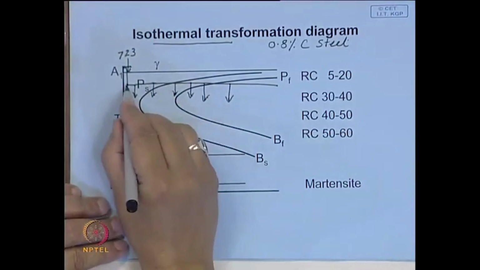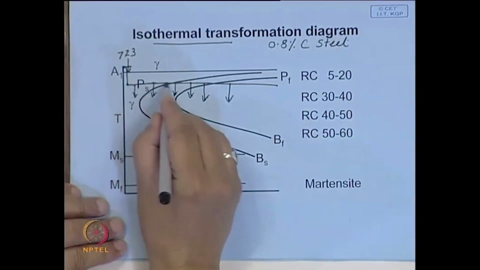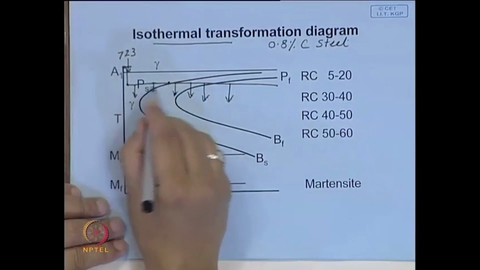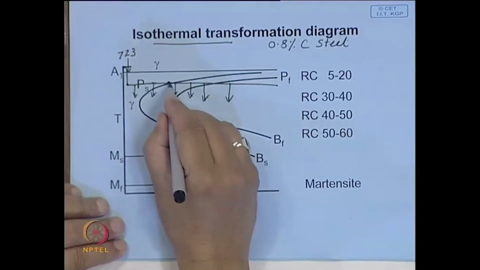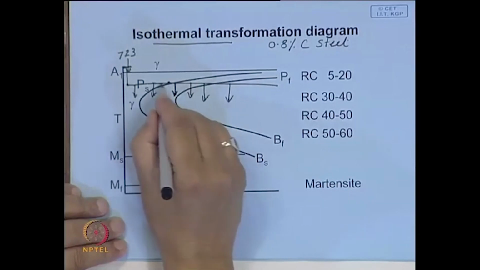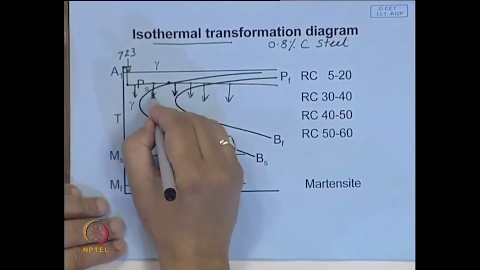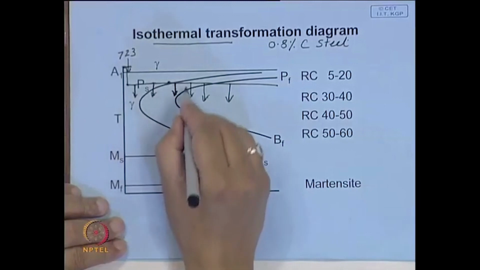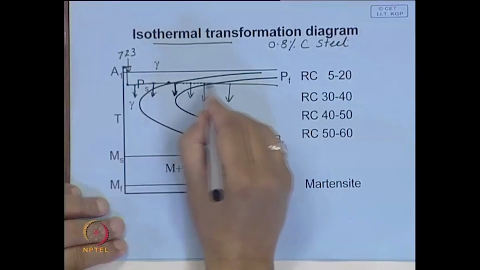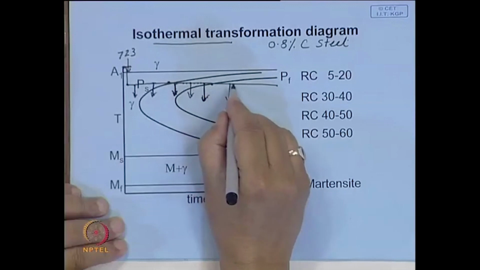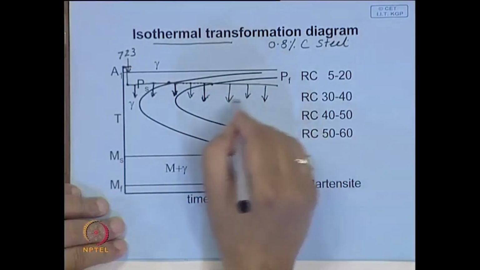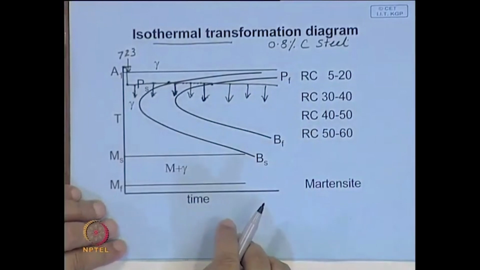What you will find is that the structural feature until this particular point is exactly the same, an identical feature, but once it crosses a particular point you find that pearlite starts forming. You do not see pearlite if you quench from here, and then you start seeing pearlite from this point, the amount of pearlite goes increasing with time and somewhere here it reaches 100% pearlite, and after that if you go on quenching there is no change in structure.